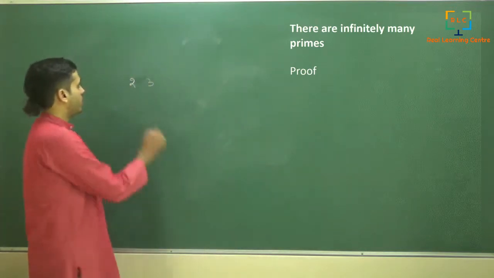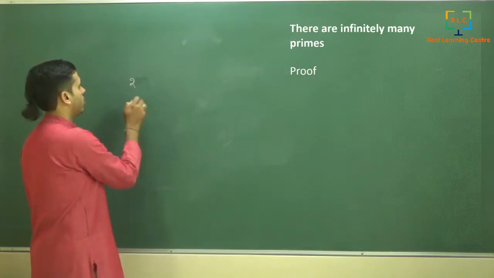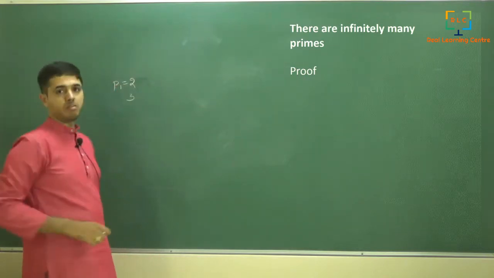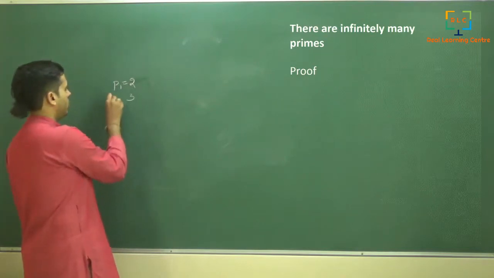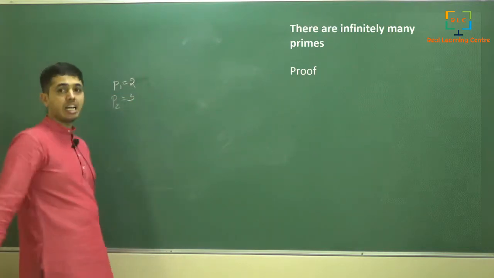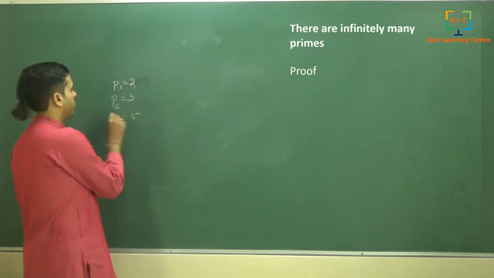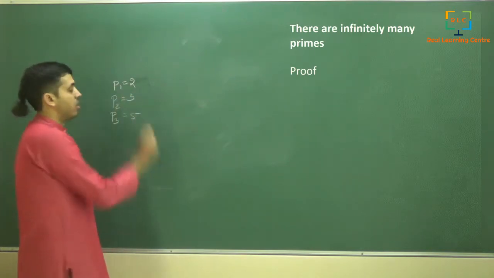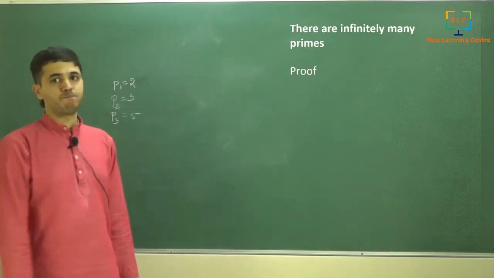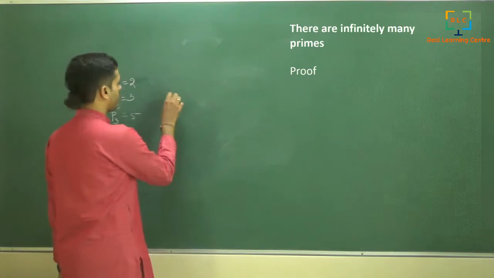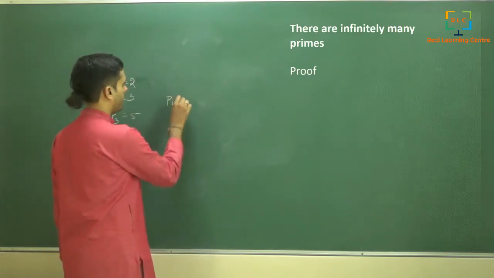So I will write one below the other. We call the first prime 2 as P1, second prime 3 as P2, third prime 5 as P3. Now I multiply P1 into P2.